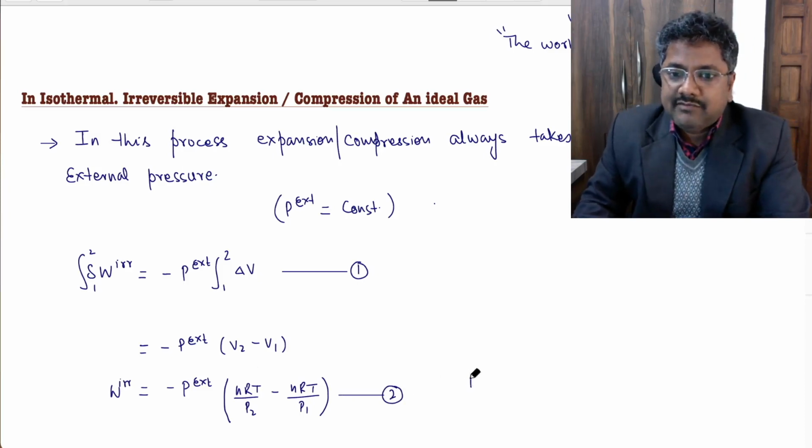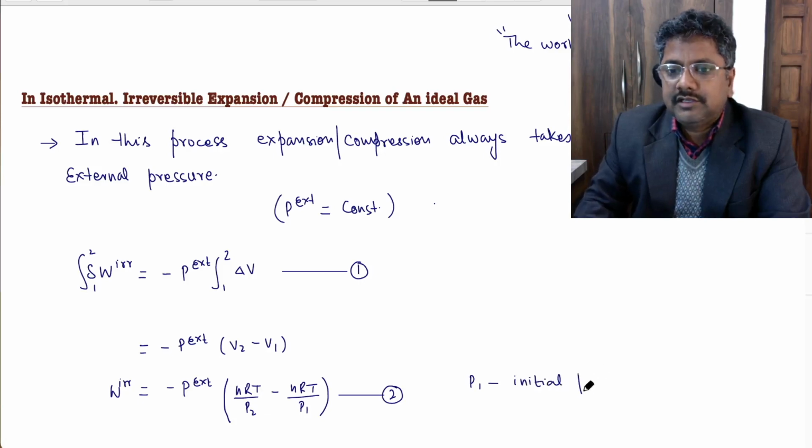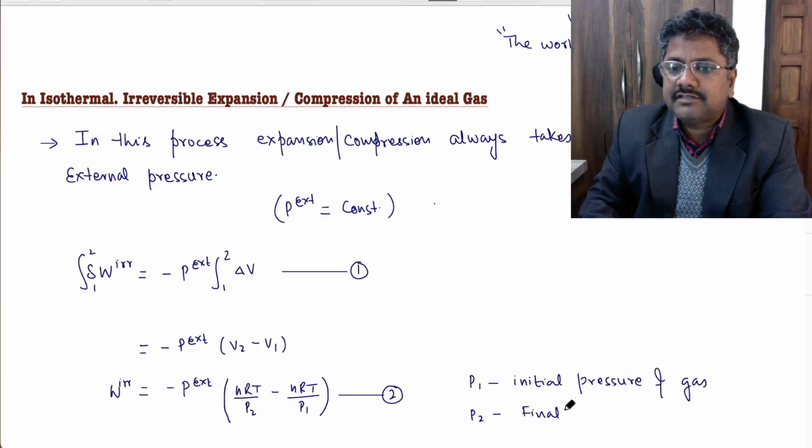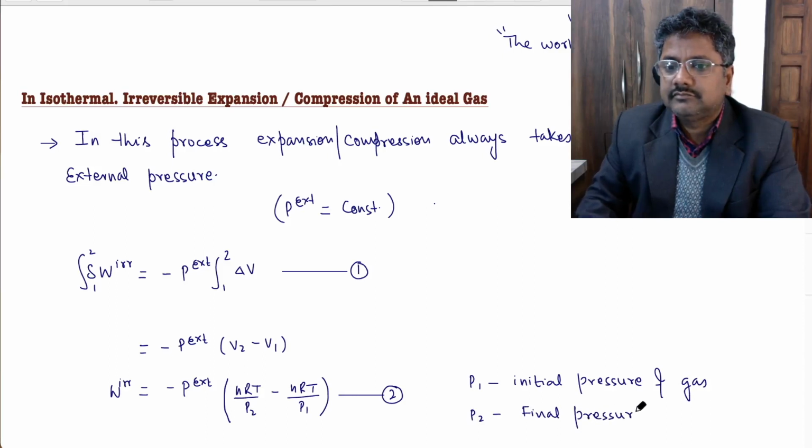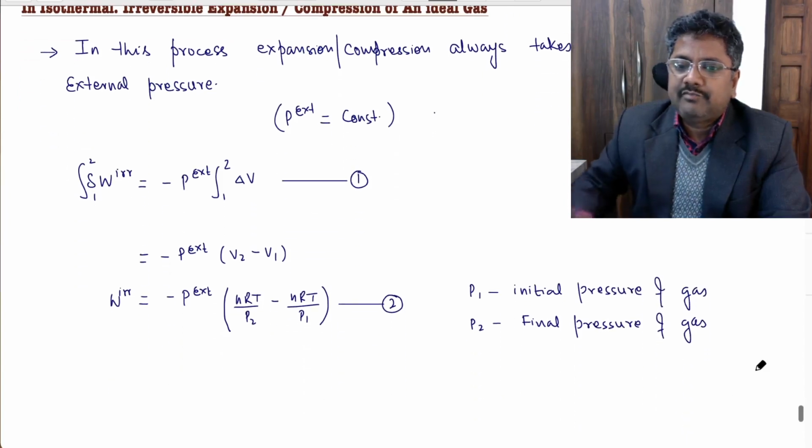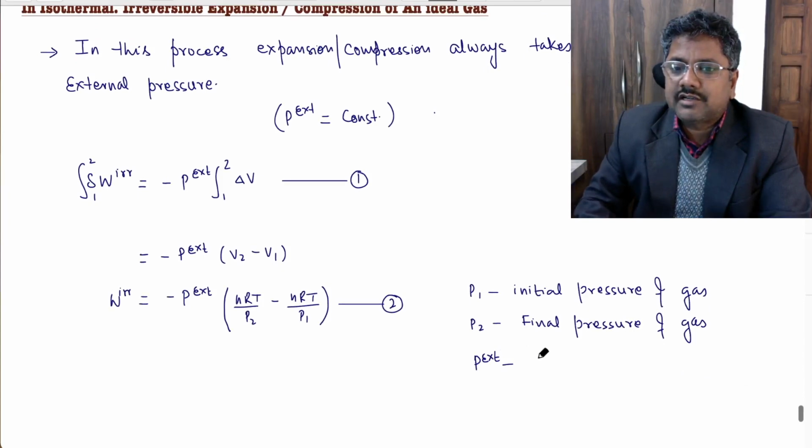Here P1 is the initial pressure of the gas, P2 is the final pressure of the gas, and P external is the external pressure.